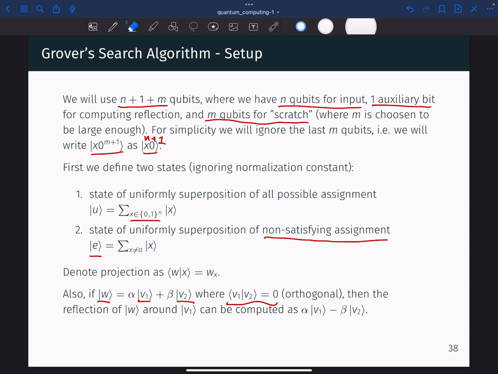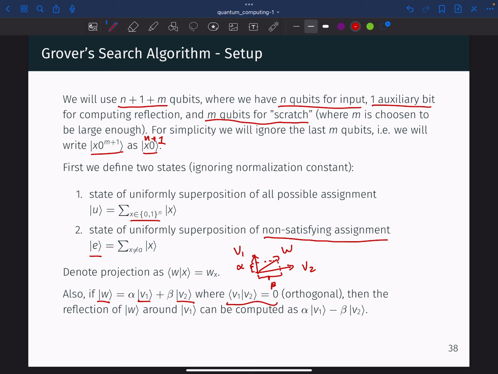Pictorially, you have V1 and V2, and W is something like this. The length here is beta and alpha here.